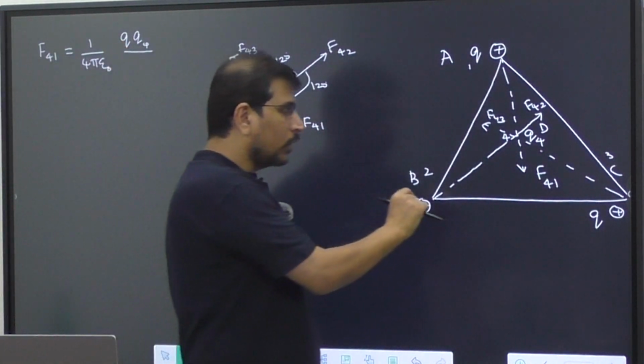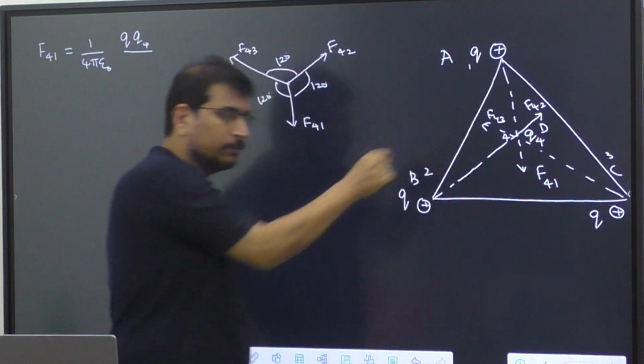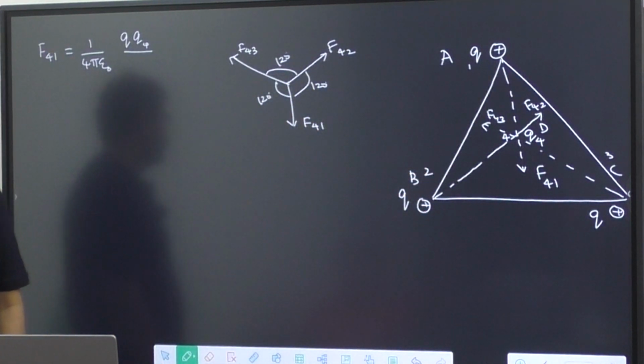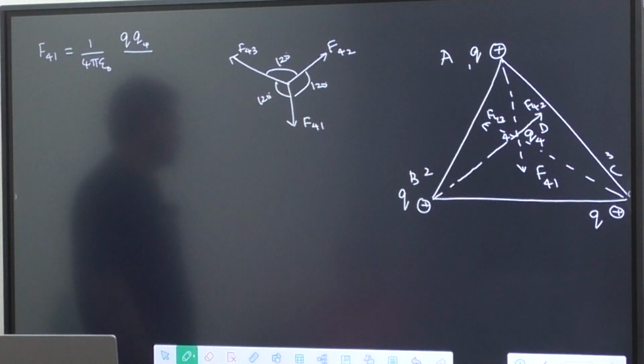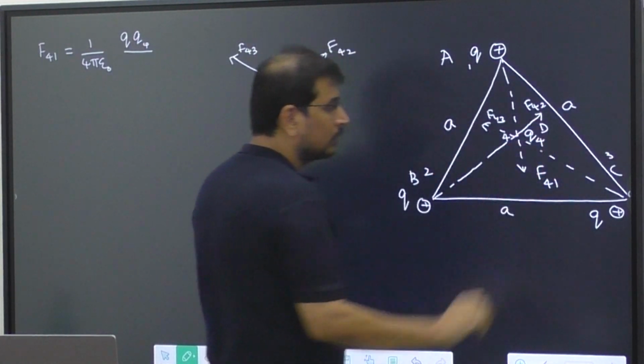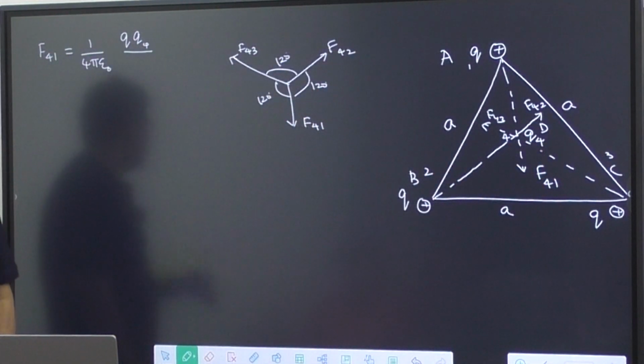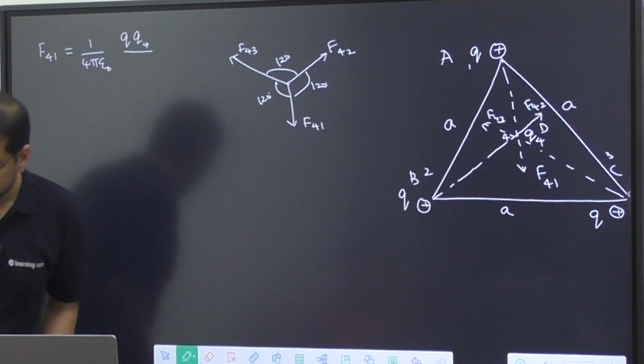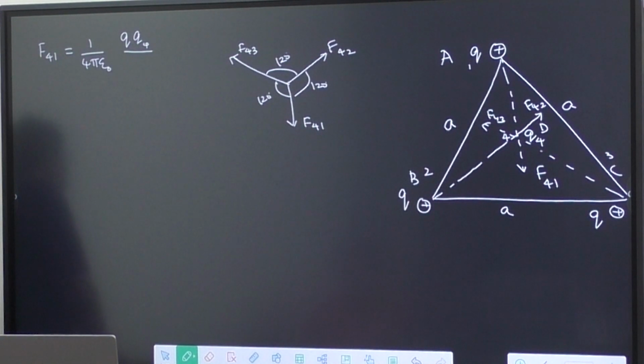Now the question is, what is the distance of the centroid from each vertex? Let's take the side to be A. What is the distance? I'll give you a hint.